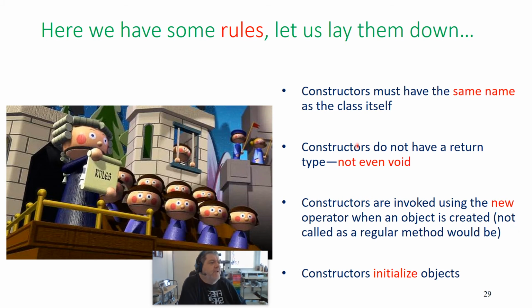The first rule is that the name of the method has to be special. For a method to be recognized as a constructor for the class, for example SimpleCircle, the name of the method has to be exactly the same as the name of the class. I mentioned last time that in Java, the convention is that the name of a class starts with an uppercase letter, and then we use camel case, with an uppercase letter at the beginning of every word.